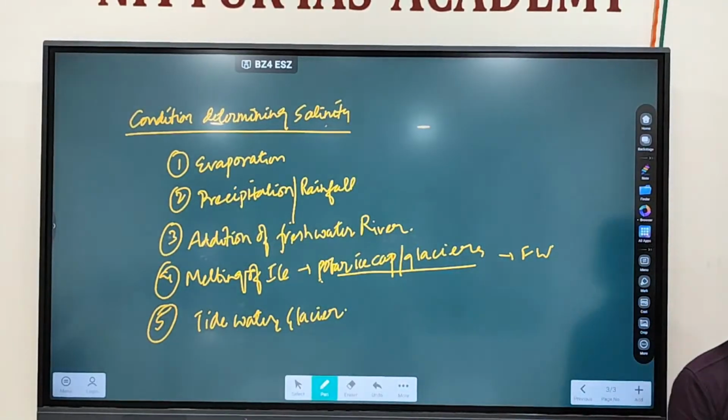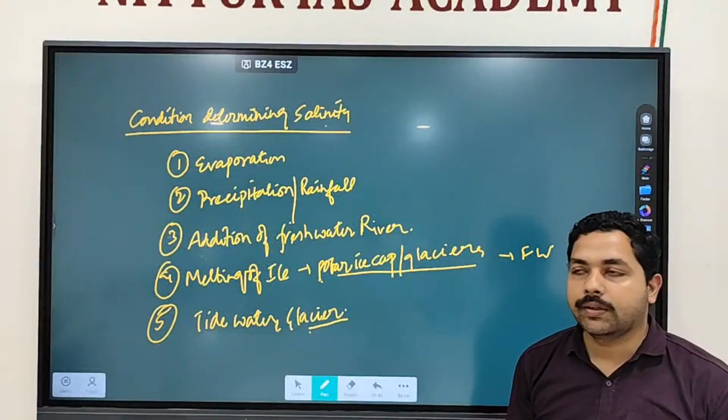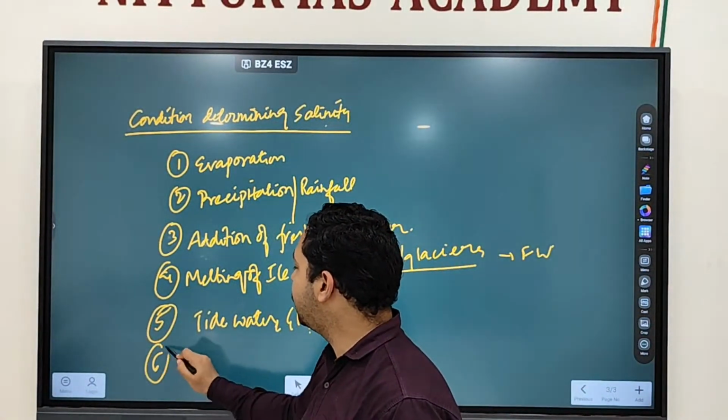Remember, three types of glacier we have discussed: Piedmont glacier, tidewater glacier, and alpine glacier. A glacier that comes and joins the water is referred to as a tidewater glacier. So a glacier will add which type of water? Fresh water.